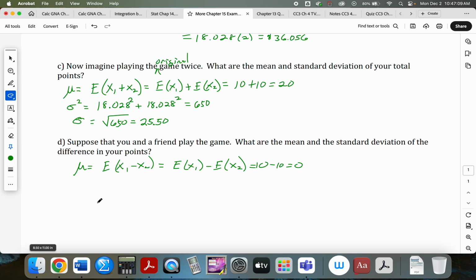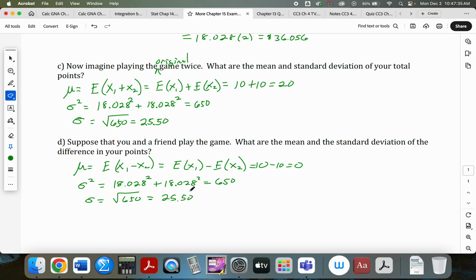The standard deviation, whether we're adding or whether we're subtracting, it's the same calculation. So it's 18.028 squared plus 18.028 squared. So the standard deviation is the square root of 650 again, which is approximately 25.50.